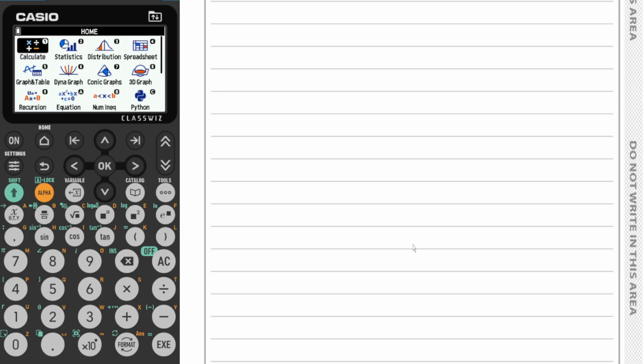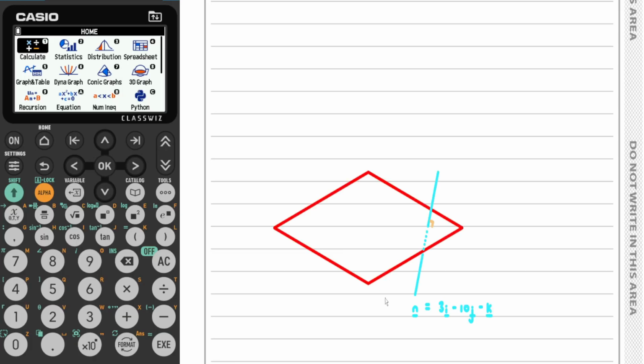At this point, it would be a good idea to sketch the situation. We've got the plane, and we've got the normal to the plane, which is given by 3i subtract 10j subtract k. We've got the lines L1 and L2 which lie on the plane, and the point A is the intersection of L1 and L2.